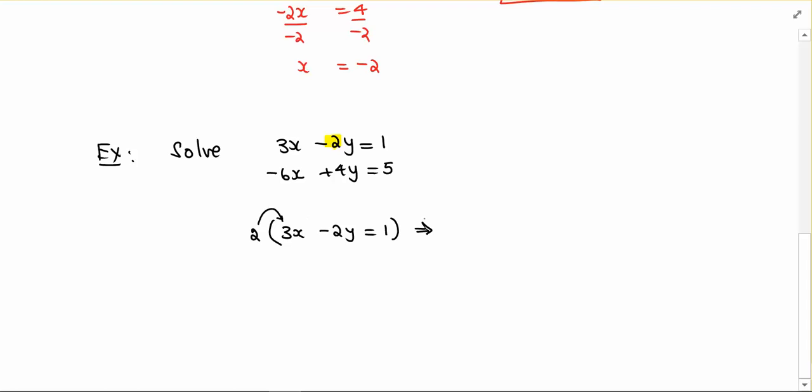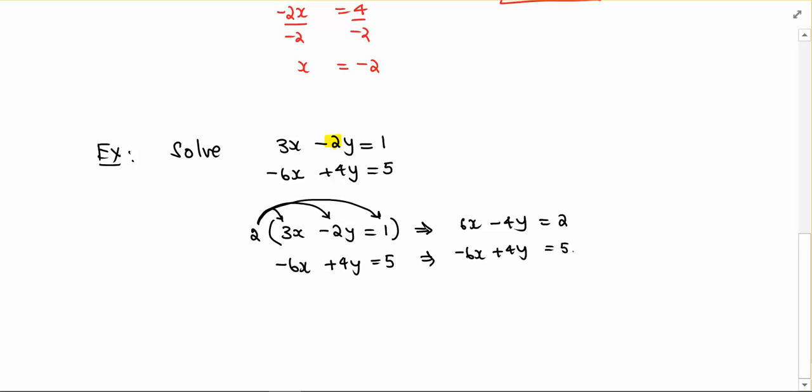So that's going to give me a 6x, and then a negative 4y, and a positive 2. And here is my second equation. That second equation I did nothing to, and that's okay. Just write it down. Otherwise, you're likely to forget something. So they always happen in pairs, the two equations. There it is, even though I did nothing to it.